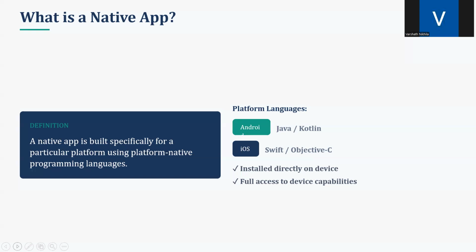We have some real world examples. Google Maps is an Android app built using Android native APIs. The Apple Health app is built using iOS native technology. Because native apps are installed directly on the devices, they work even when the internet is not available.